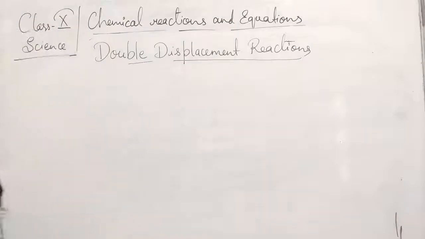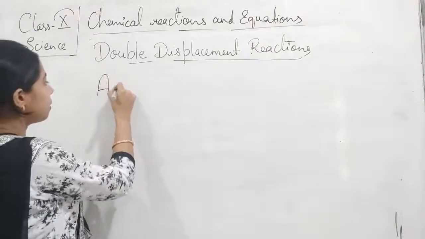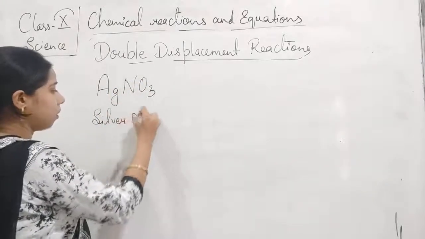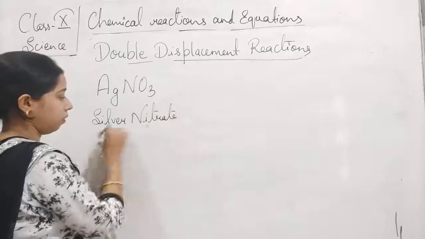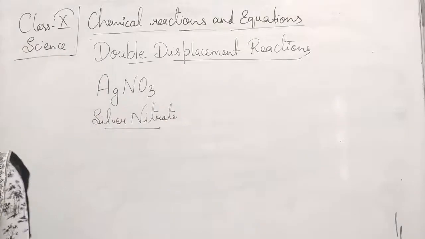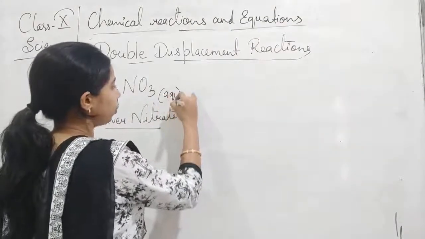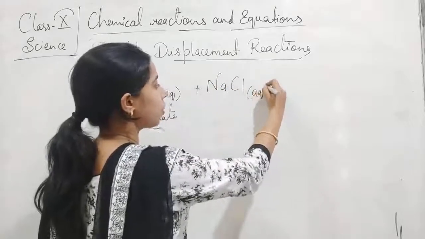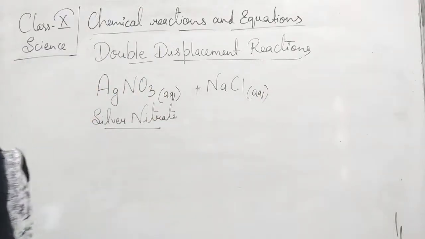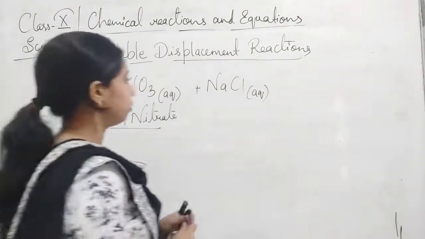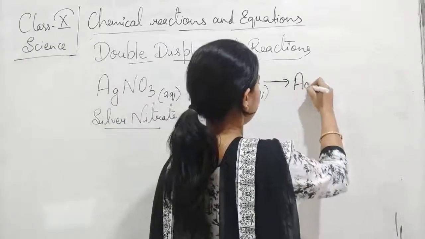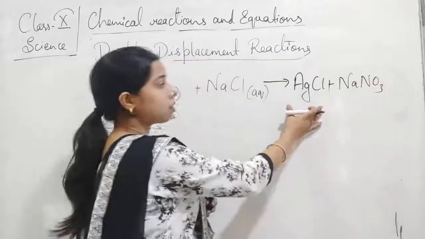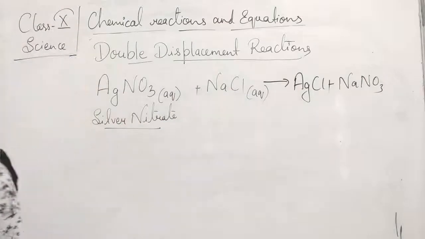Silver nitrate, that is AgNO3, which is an aqueous solution, when it reacts with the sodium chloride, which is also an aqueous solution, you see that there will be formation of AgCl plus NaNO3, that is, silver chloride and sodium nitrate will be formed.